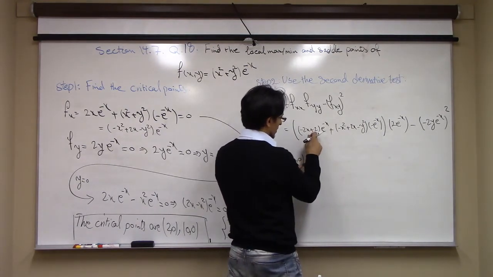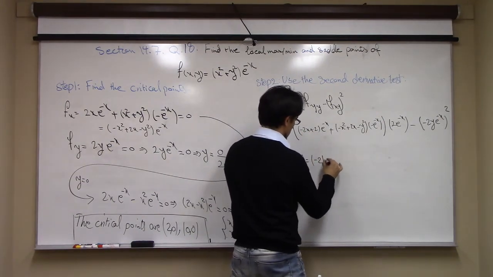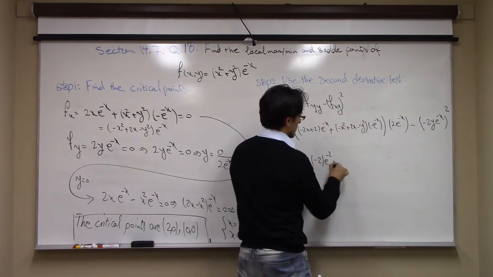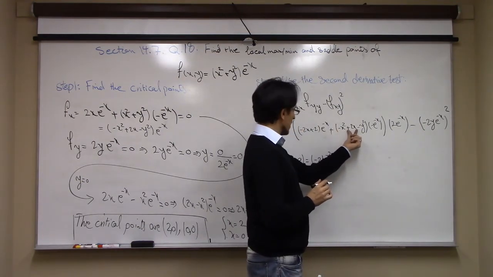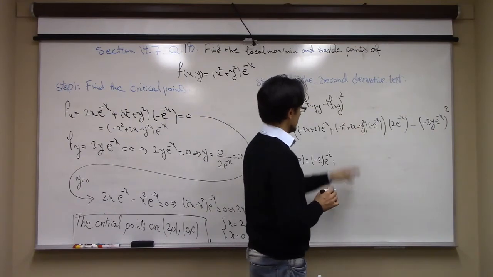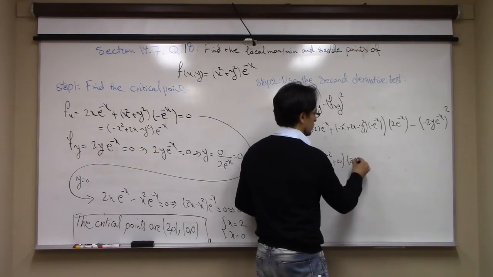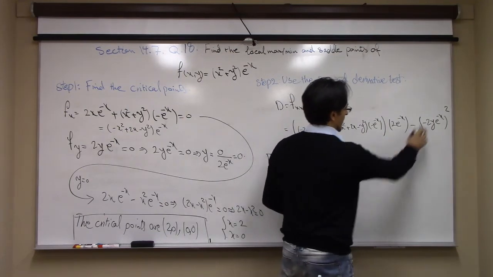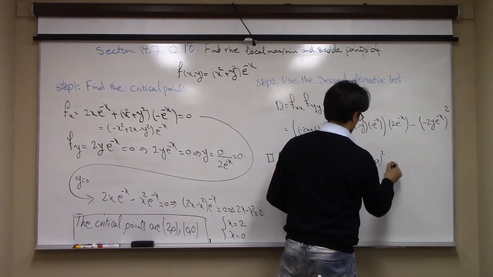Minus 4 plus 2 gives me minus 2 e to the power minus 2, plus minus 4 plus 4, these two cancel, this is 0, times 2 e to the power negative 2. And y is 0, so that part is 0 squared.